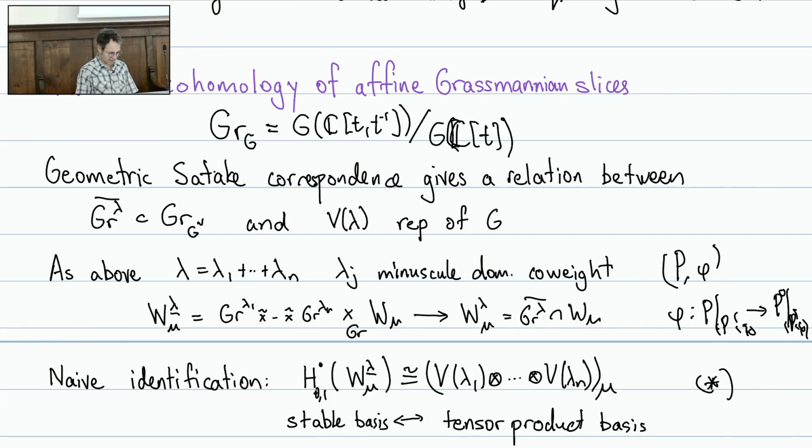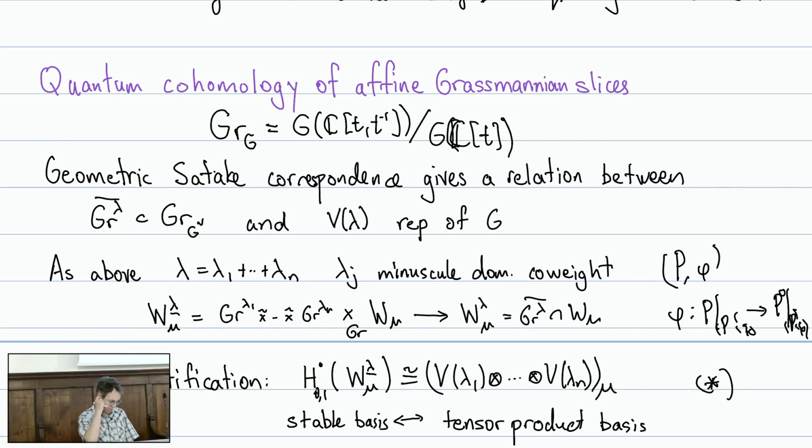So we can make what I call the naive identification between the cohomology of the resolved affine Grassmannian slice and the right-hand side, which is the weight space in a tensor product representation. It's not so bad. It's a good identification.